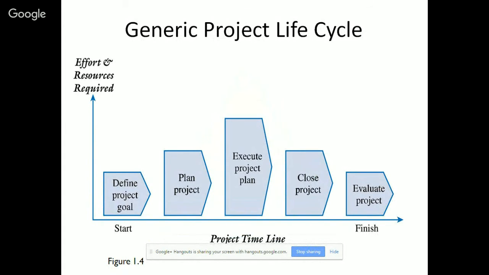So this is a generic project life cycle which starts with defining a project goal. Once we define the project goal, we go for planning the project. Then once our plan is ready, we prepare how we want to execute the project. And once the entire thing has been implemented, we need to officially close the project.